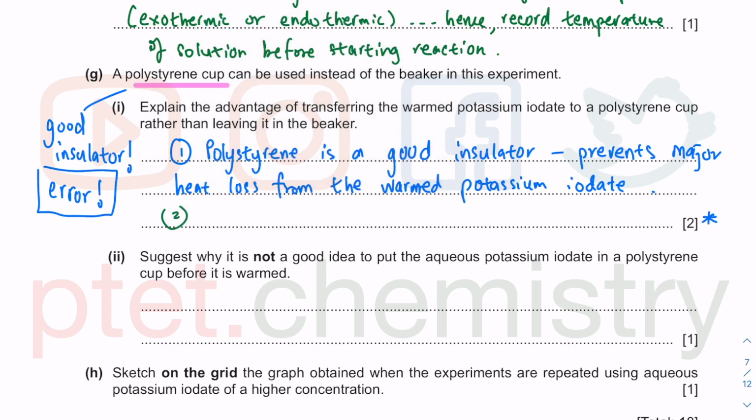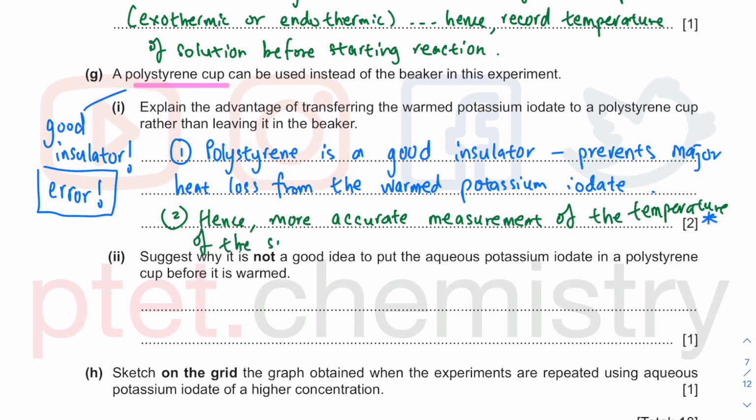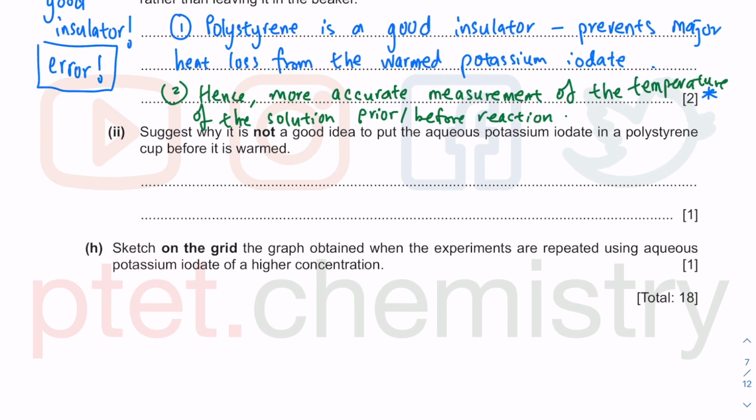As for the second point, as a result of you minimizing heat loss, you get more accurate data, a more accurate measurement of the temperature of the solution prior, which basically means before the reaction started. It will give you more accurate data for the temperature.